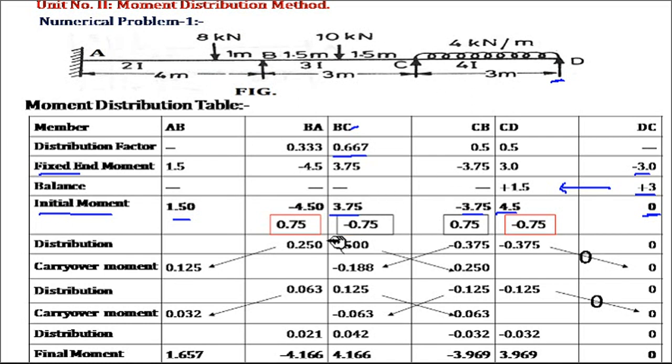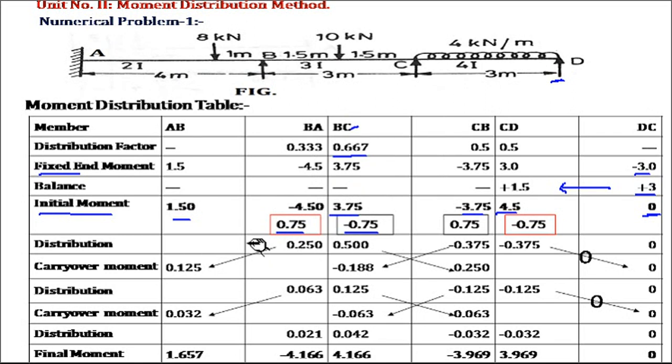But the initial moments in BA and BC add up to minus 0.75. So here you have to apply a correcting moment. As the difference is minus 0.75, the correcting moment will be plus 0.75, and this is to be distributed in members BA and BC connecting at joint B.